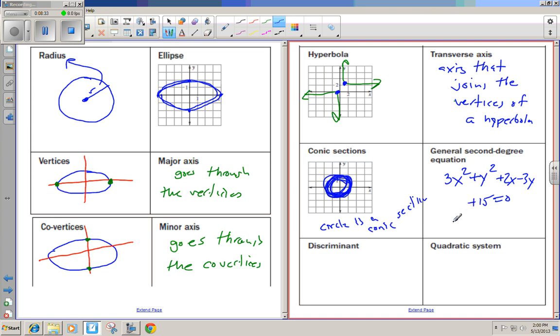The discriminant is a way of an equation can be used to identify the type of the conic. So when you find the discriminant, it tells you the type of the conic.